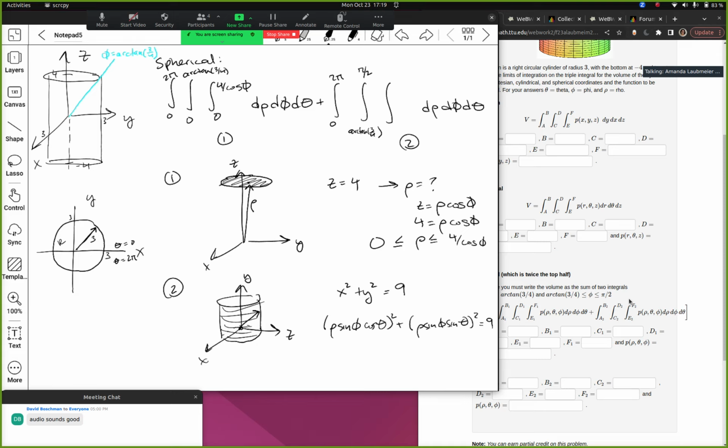So we could plug in those substitutions, and now we know what the surface is called in spherical coordinates. So rho squared sine squared phi cosine squared theta plus rho squared sine squared phi sine squared theta is equal to 9. And from here I just have to use some fancy trig.